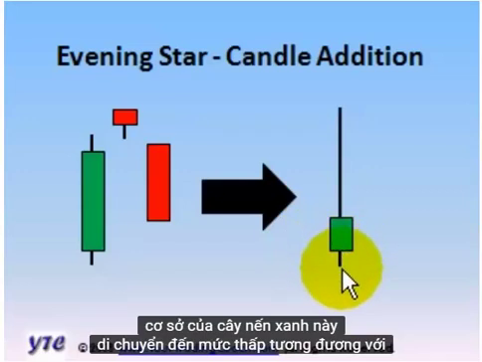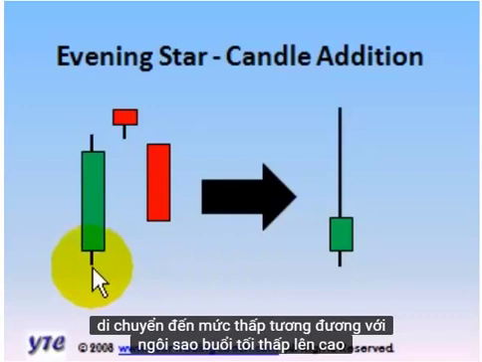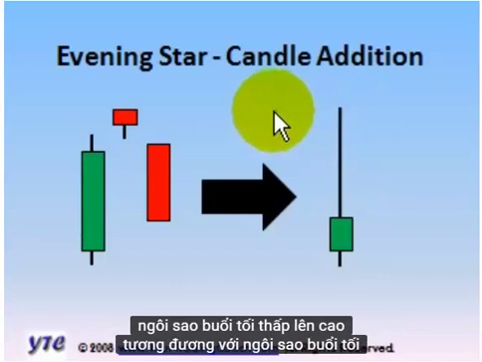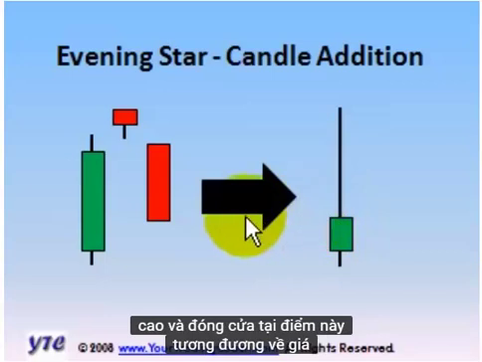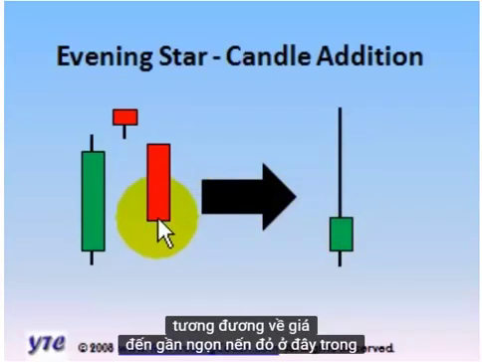Moves to the low, which is equivalent to the evening star low, up to the high, which is equivalent to the evening star high, and closes at this point here, which is equivalent in price to the close of the red candle here.